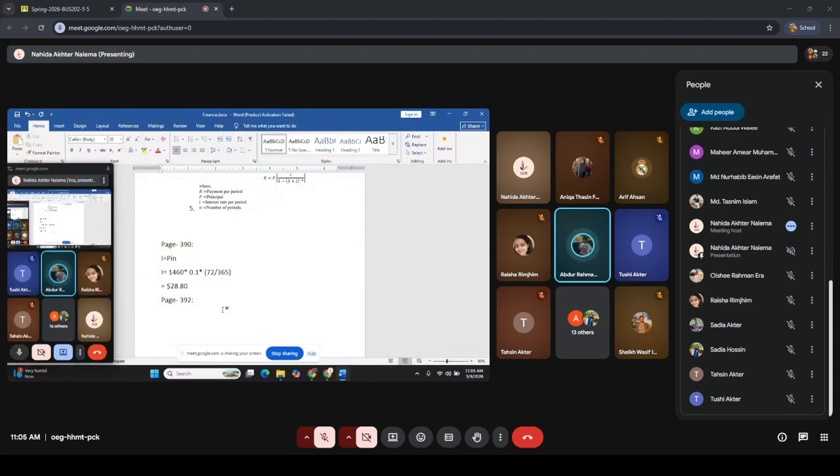Jan received 50 for a diamond at a pawn shop and a month later paid 53.50 to get the diamond back. Find a percent interest rate. Okay, so what happened here?